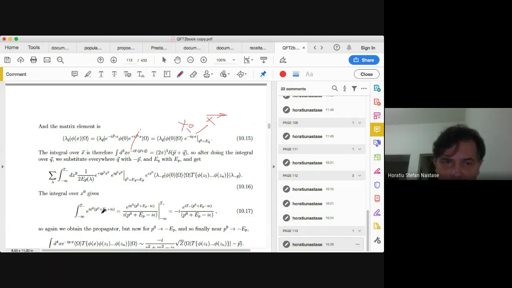So what I get in the integral over x0 is p0 plus ep plus i epsilon. So again, the regularizing factor is chosen such that the integral at minus infinity is 0.